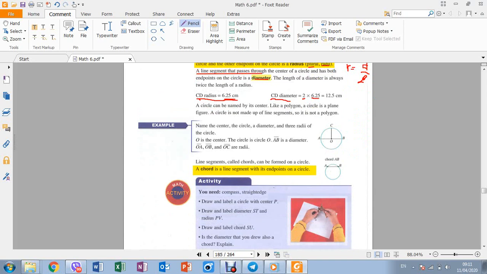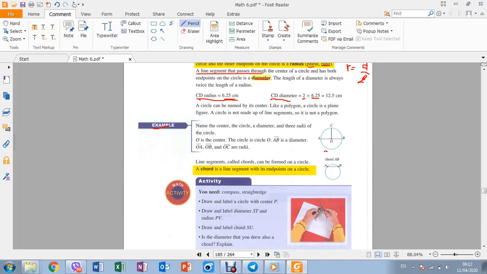Okay, now we look at example 1. Name the center, the circle, the diameter, and 3 radii of the circle. So we have this circle. It tells us to name the center point.